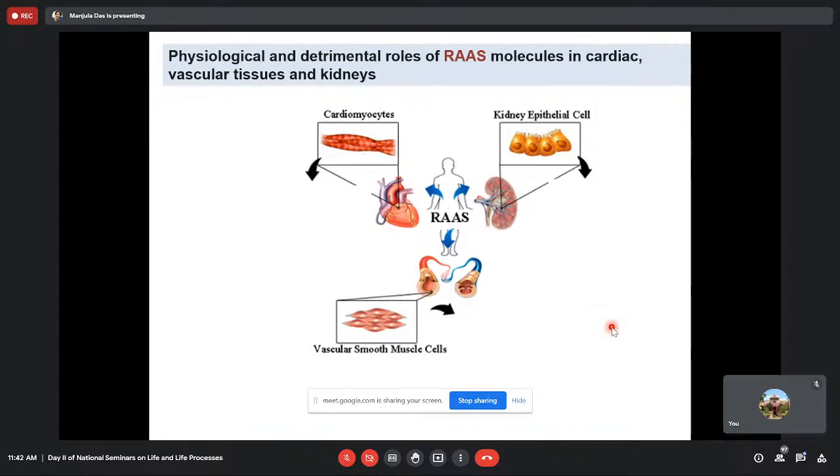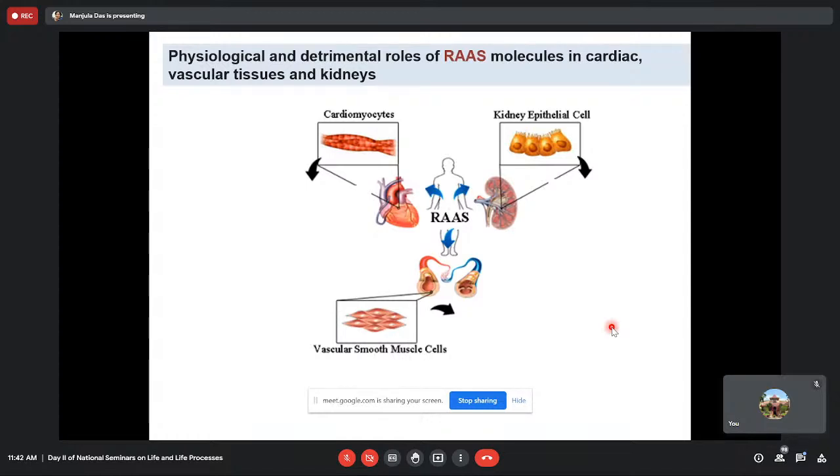Since blood pressure is finely tuned by the RAS, any imbalance in this system will produce arterial blood pressure alteration. Aldosterone and Ang2 are the principal RAS molecules involved in the cardiovascular adrenal system, which change during hypertension. Both molecules are also involved in the physiological control of blood pressure, directly impacting cardiomyocytes, kidney epithelial cells, and vascular smooth muscle cells.